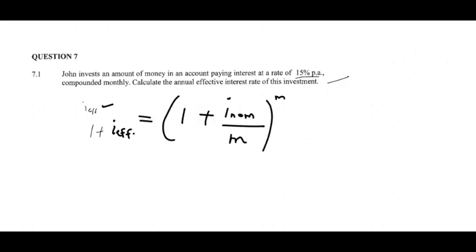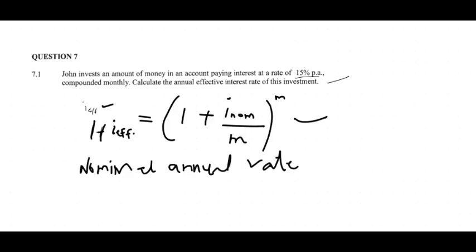So we have to identify the variables from this. The nominal annual rate, I nominal, equals 15%, or you can write it like 0.15.